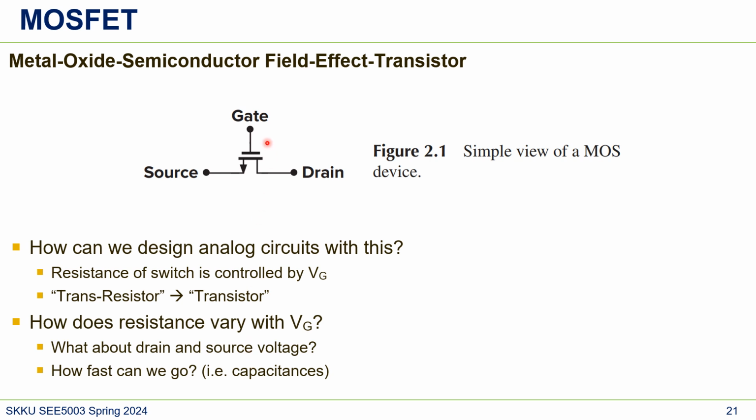Well, this is related to the capacitance, which is related to the area, the size of this transistor. Just keep in mind that we'll see a lot of this three-terminal MOSFET later, and the main purpose is that the gate voltage controls the resistance between source and drain.